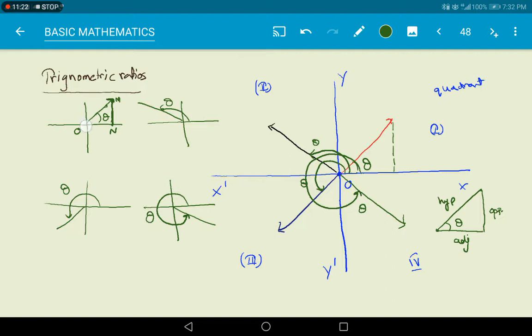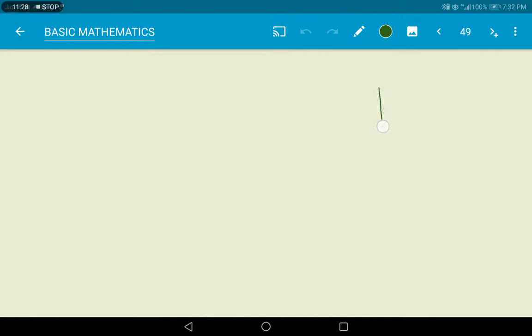The ratio between the opposite side and the hypotenuse we can say as the sine of the angle, theta in triangle OMN.